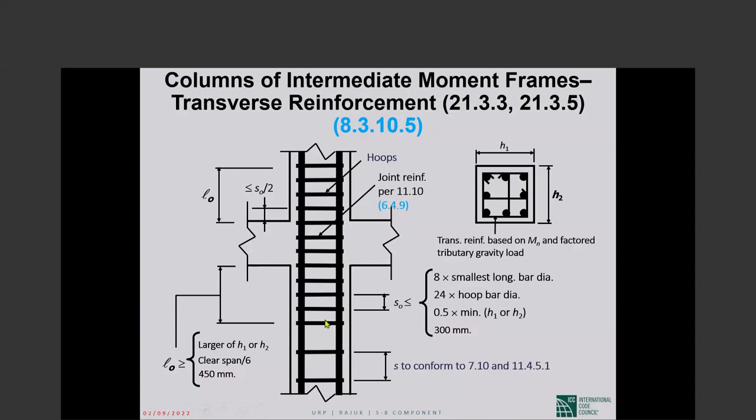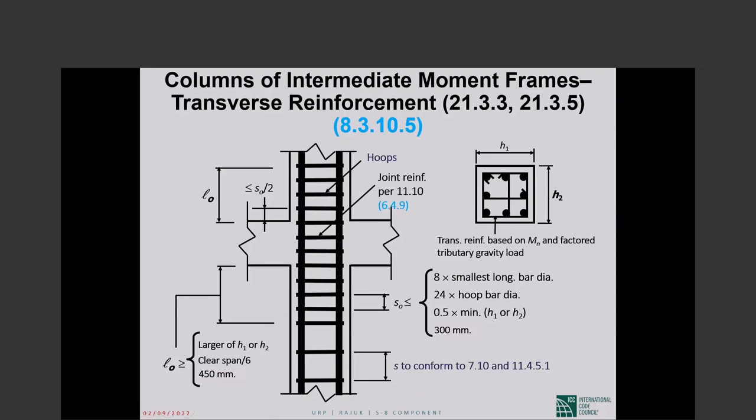Outside of the potential plastic hinge region, we go with chapter 7 spacing, which would be 12, 14 inches. We don't have the 6 bar diameter or 6 inches, whichever is the shorter of the two. And very, very importantly, no minimum cross-sectional area requirement on the transverse reinforcement.